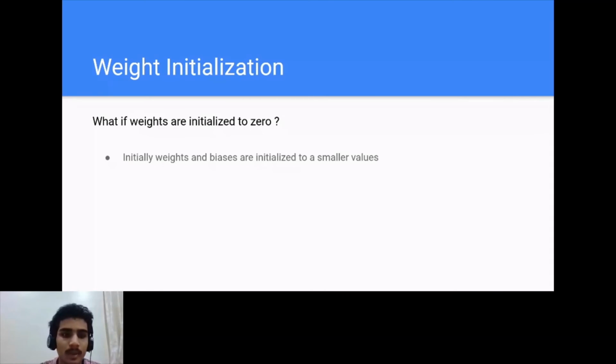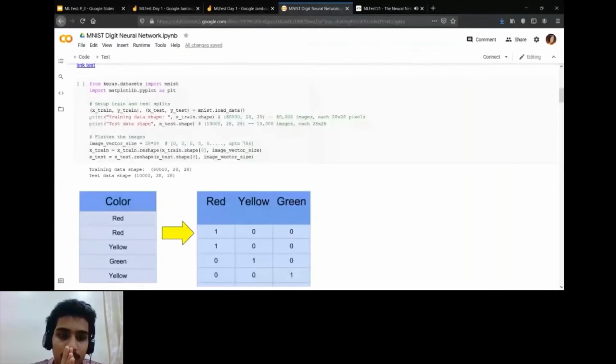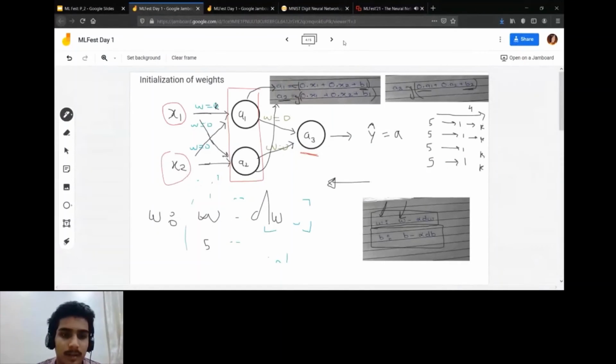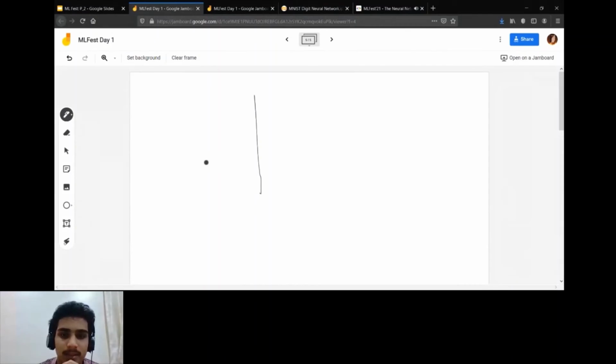And initially, what we try to do is that weights and biases are initialized to some smaller values. And why does that happen? Suppose the function that we are using is this function. This is the sigmoid function, which ranges from 0 to 1.